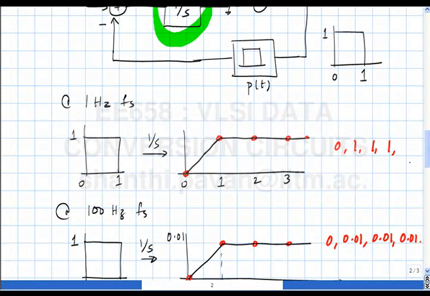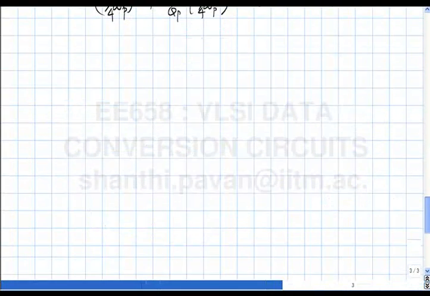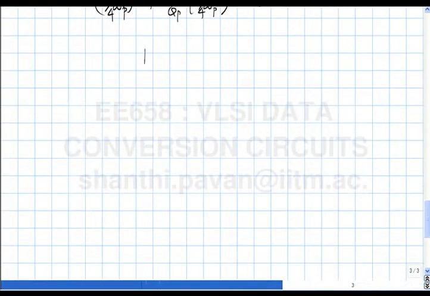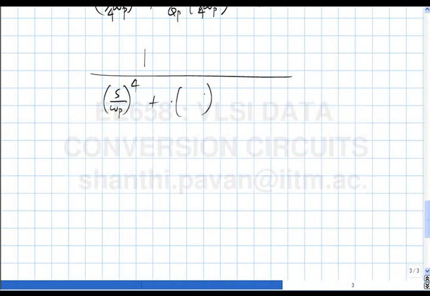If I wanted you to find the coefficients of a 4th order filter with an omega p of 1 gigaradian per second, it would have something like s by omega p and so on.